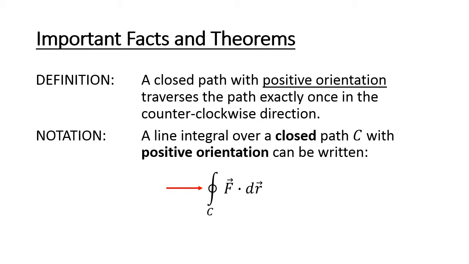We're going to stick with counterclockwise for now. However, when we start doing things in 3 dimensions, which is coming up fairly soon, what does it mean to be counterclockwise in 3 dimensions? Essentially, what we mean by positive orientation is that imagine you're walking around the path yourself. As long as the inside of the region is to your left, that's positive orientation.